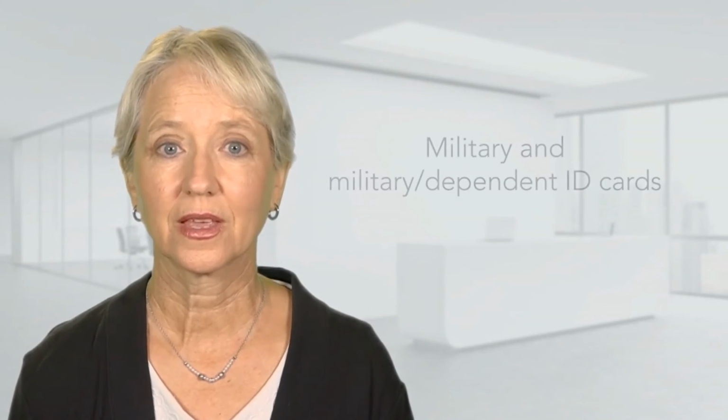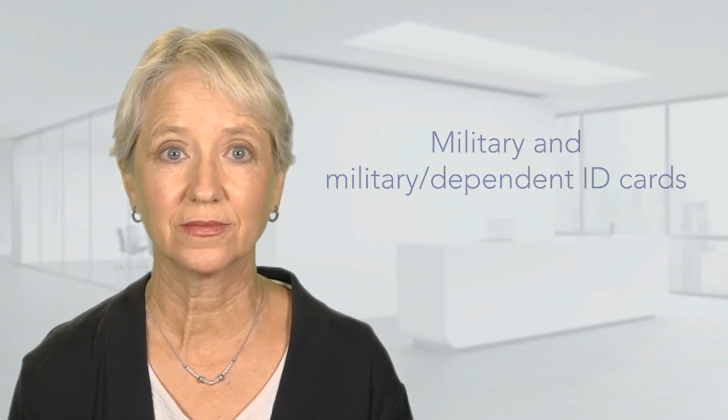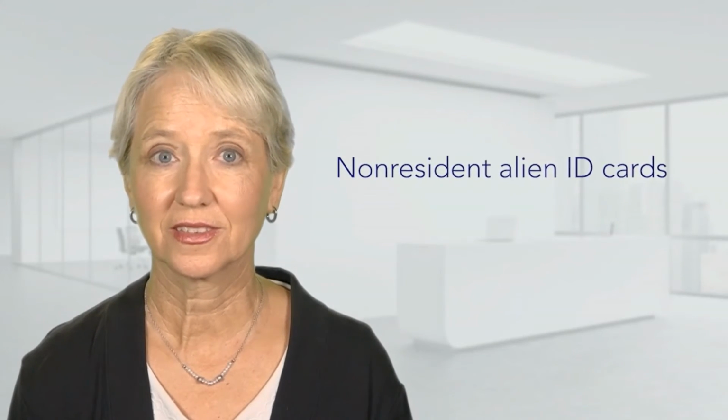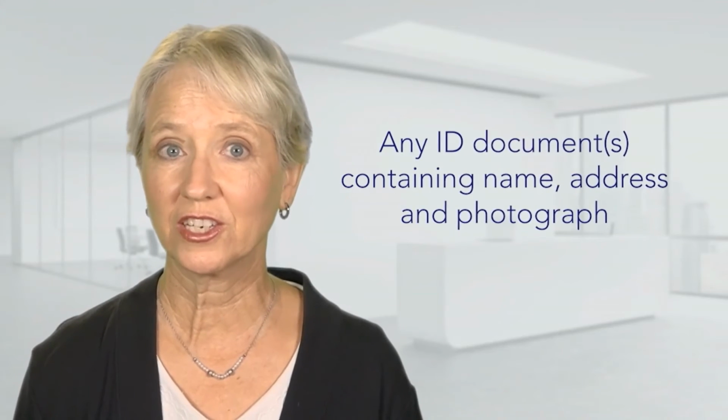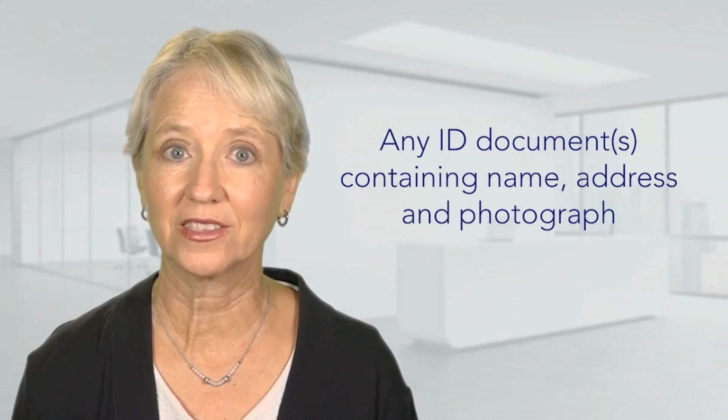For the CTR, you must verify identity using normal check cashing procedures for unestablished customers: driver's license or other acceptable form of ID, including military and military-dependent identification cards, state-issued identification cards, passports, non-resident alien identification cards, and any other identification document or documents that contain name and preferably address and a photo.